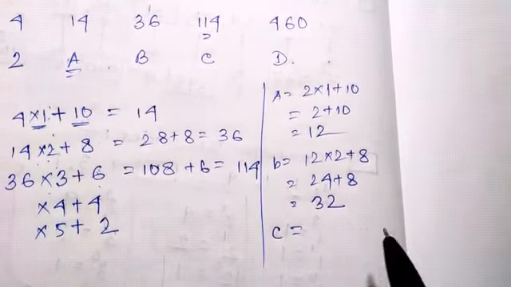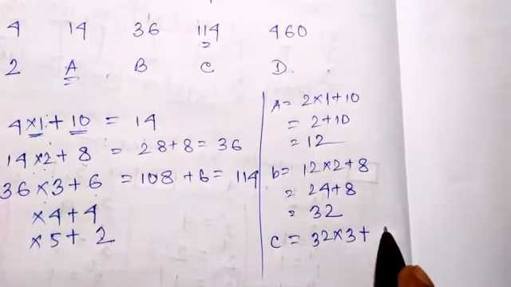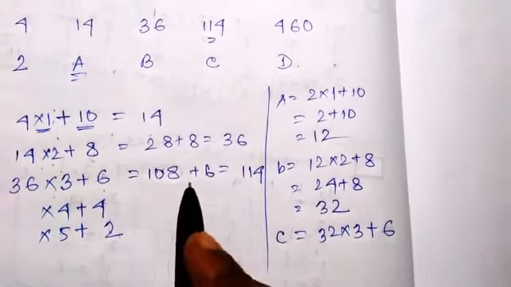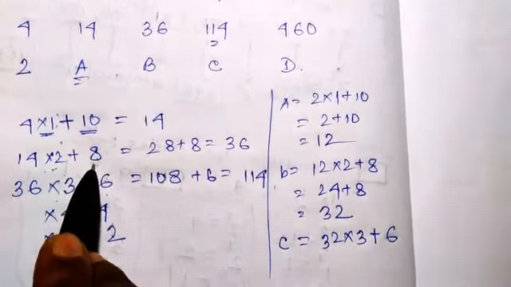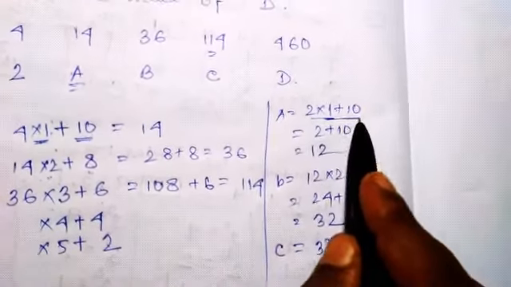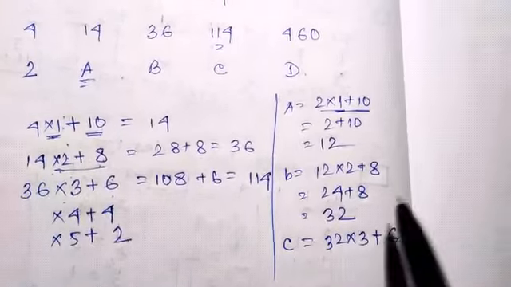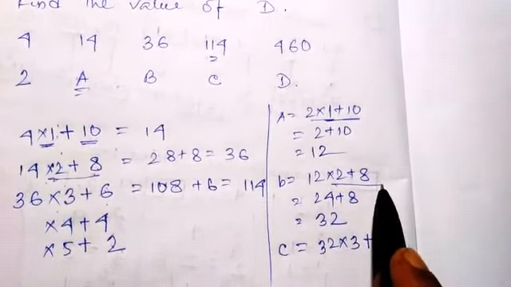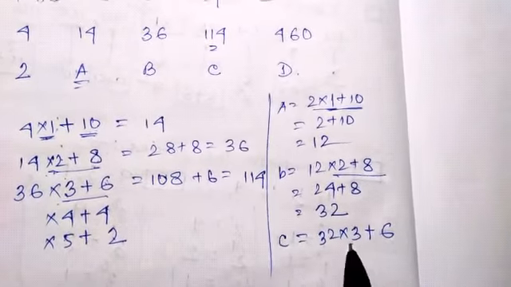Next, C will be 32 into 3 plus 6, with the same sequence: into 1 plus 10, into 2 plus 8, then into 3 plus 6.